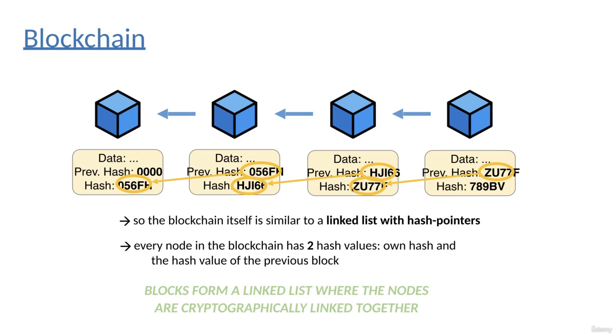But of course, these hashes are generated based on the information associated with the given block, such as the ID of the block, such as the transactions, such as the Merkle root, and so on. So if the transactions are updated, then of course the hashes will change as well.